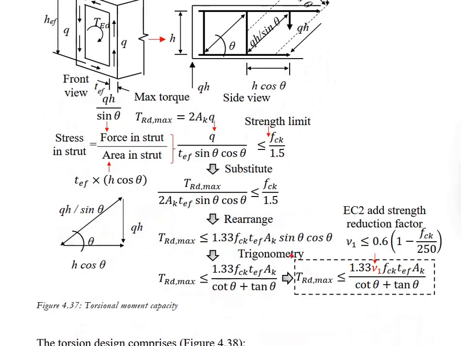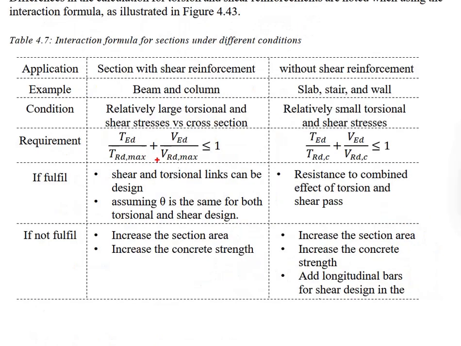Therefore, if you look at the formula, the influence of the reinforcement is none. This leads to our next point here. If you find that the interaction formula fails, increasing the amount of reinforcement will not help. That's why I say the simplest way to increase the resistance would be to increase the sectional area.